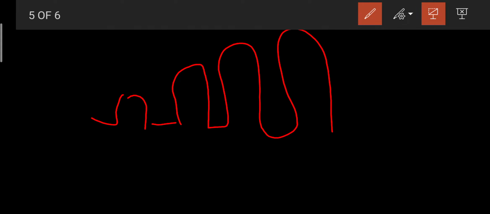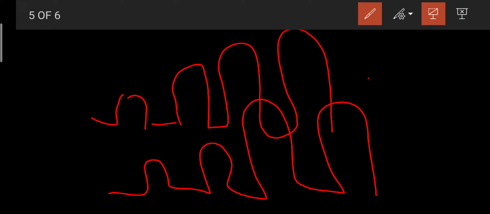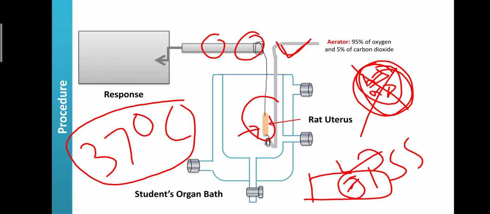Then later on you record the DRC of the test. Then you apply interpolation by calculating log dose and percent of response, or if you are following the 3 point assay, 2 points are selected from the standard and 1 point from the test, or if you are using the 4 point assay, 2 points from the standard and 2 points from the test, then you apply the interpolation assay, or 3 point assay, or according to Latin square you continue the practical, and finally use the formula and calculate the unknown concentration.